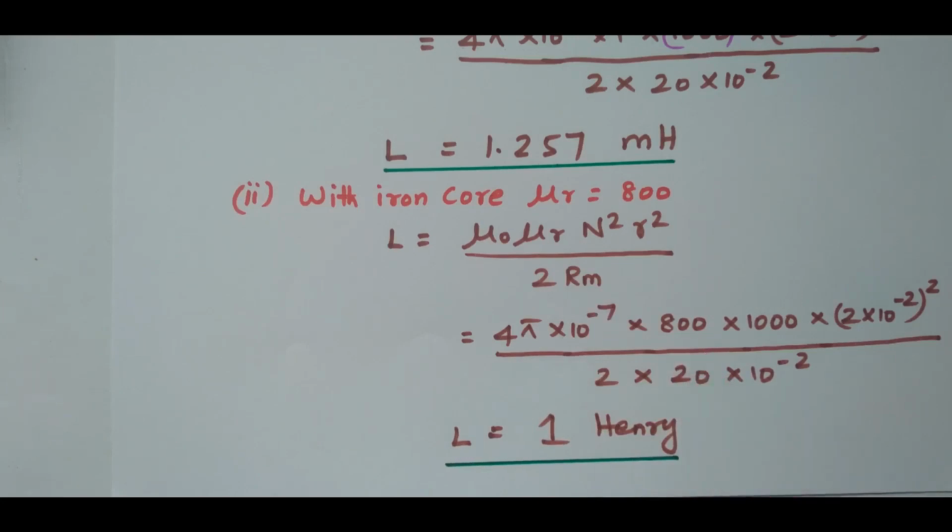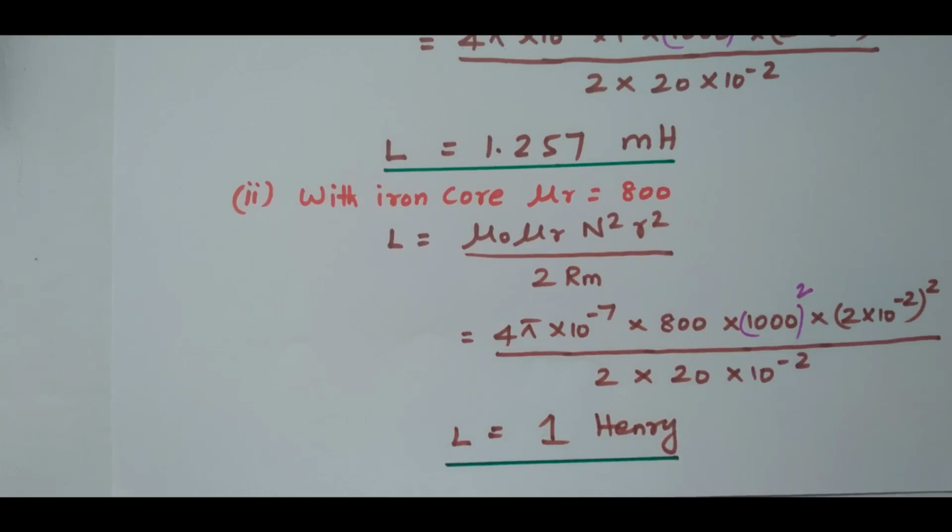Then n square is 1000 square, into 2 into 10 to the power minus 2 squared, divided by 2 rm, 2 into 20 into 10 to the power minus 2. So after simplifying, what we got? It is nearly equal to 1 Henry.